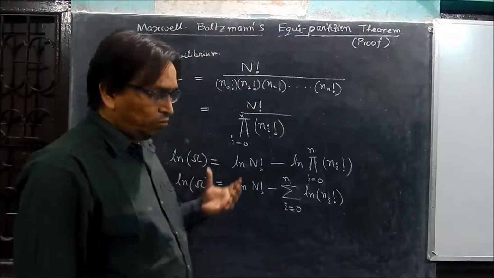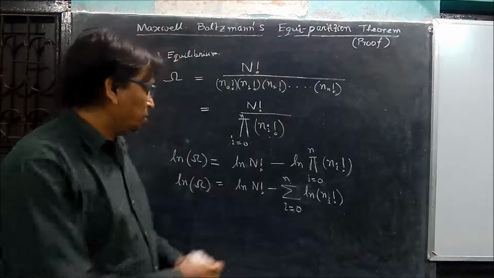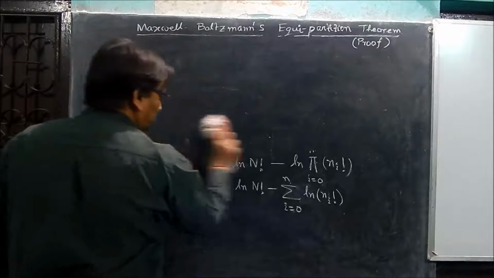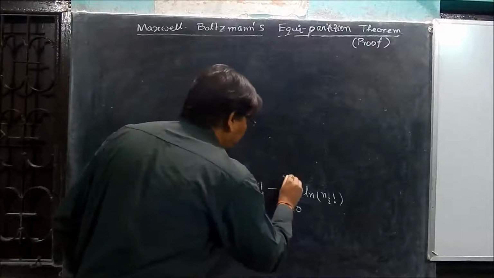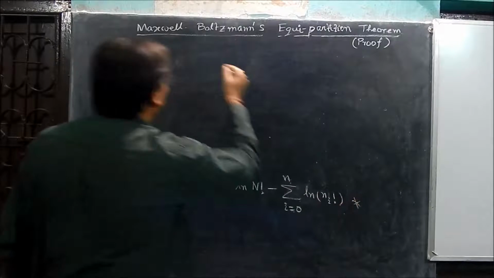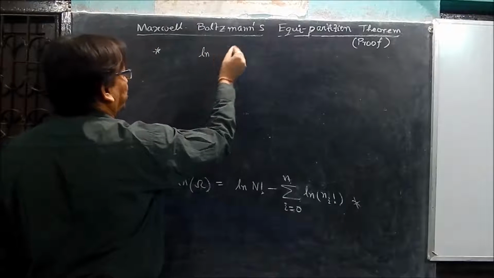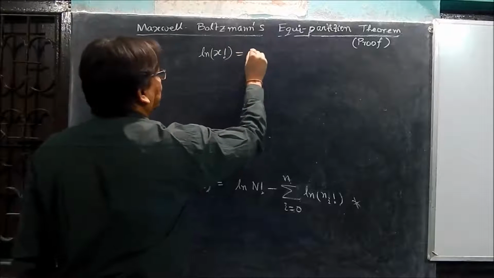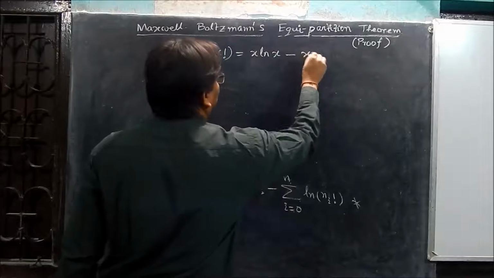Now we require one approximation, called the Stirling approximation, to solve this. If you see, ln of x factorial can be written as x ln x minus x.